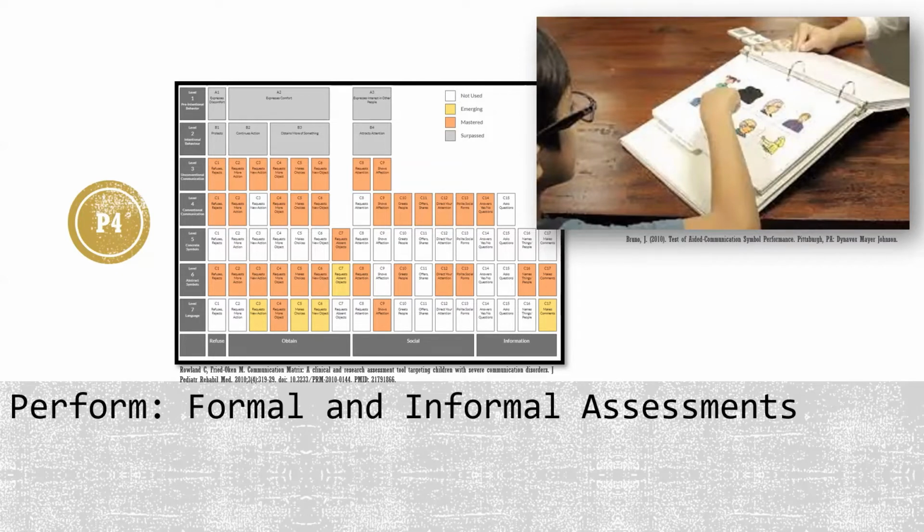So the communication matrix, I think, is wonderful because it really gives individuals credit for all the ways that they're communicating that may not be typical or conventional ways of communicating.